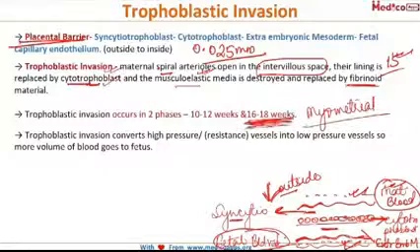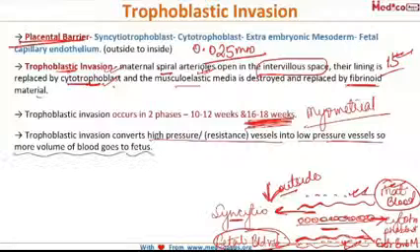So, in this trophoblastic invasion, as we have discussed, their lining is replaced by the cytotrophoblast and the fibrinoid material. So, the arterioles become distended and they are converted from high pressure vessels into low pressure vessels, so that more volume of blood goes to the fetus.